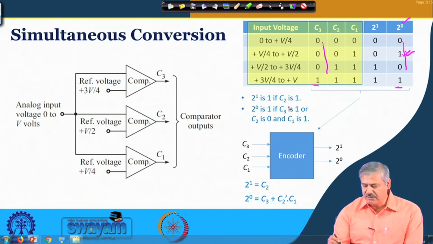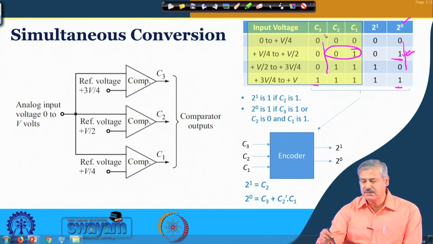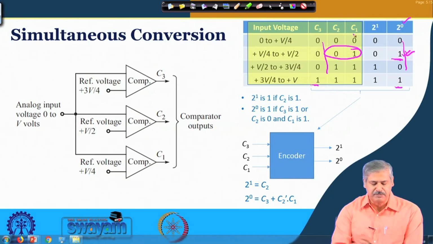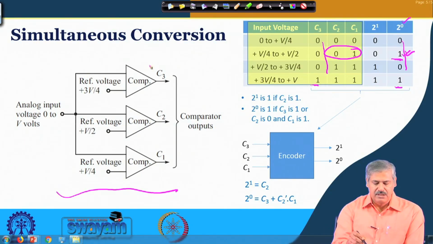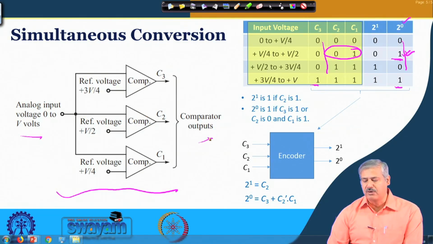Is it okay? In a sum of product method, this is the first thing that we can identify, and for this particular one we can see a unique combination when C2 is 0 and C1 is 1, which is occurring only once in the C3, C2, C1 combinations that are possible, when you are doing a comparison of the analog input voltage and generating comparator outputs.